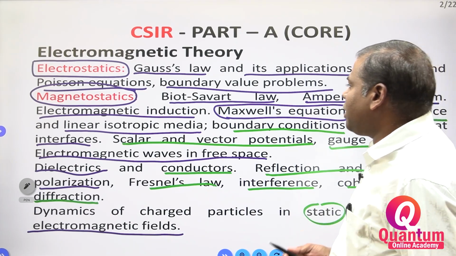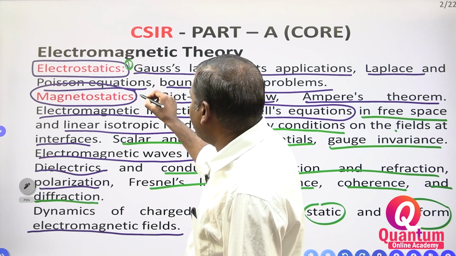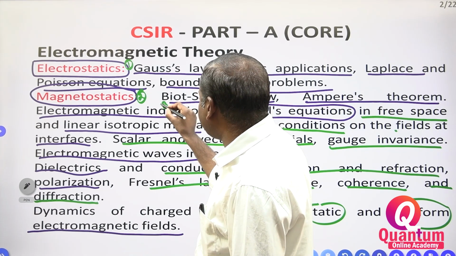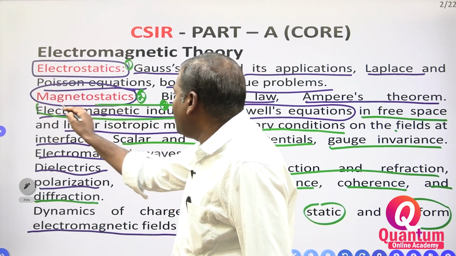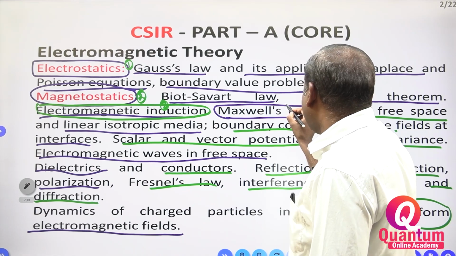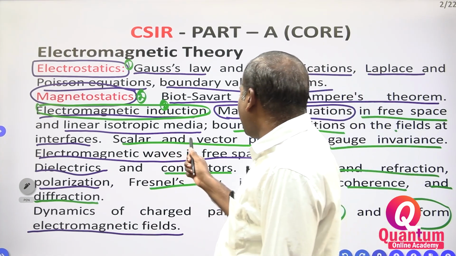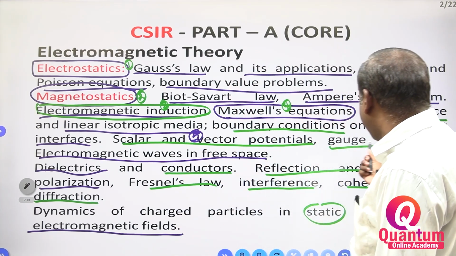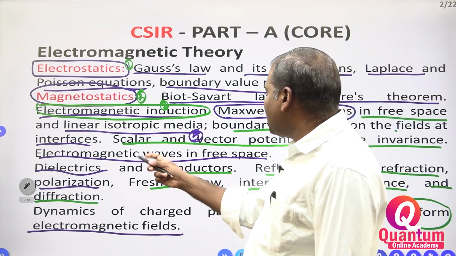In the core syllabus, once you have to segregate: first electrostatics is there, next magnetostatics, third electromagnetic induction. Another one is the Maxwell equations, that is the fourth one. Scalar and vector potential is the fifth one, and gauge invariance you have to include here.